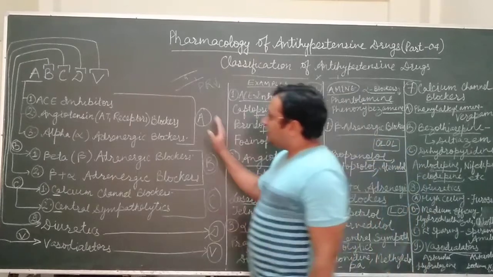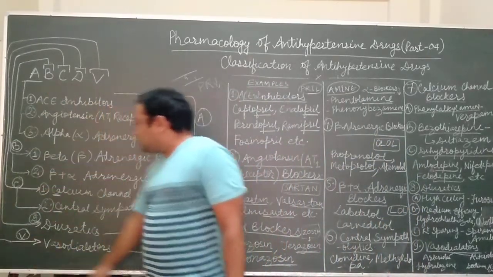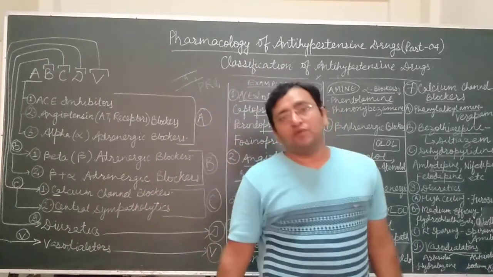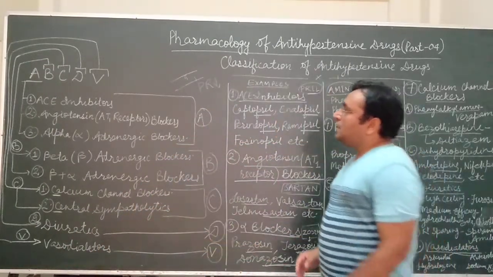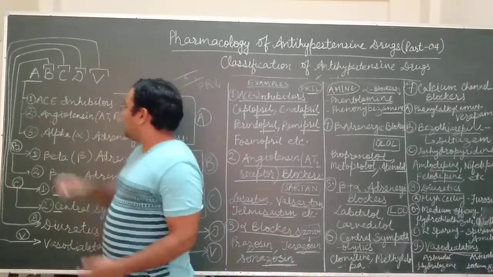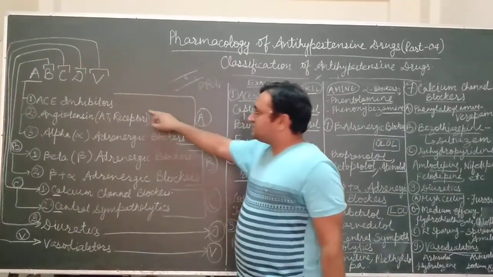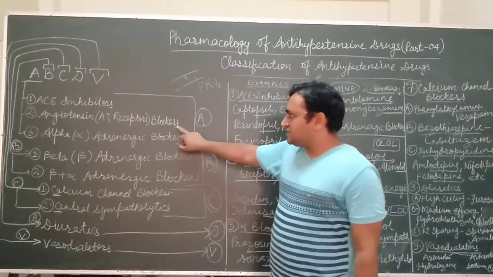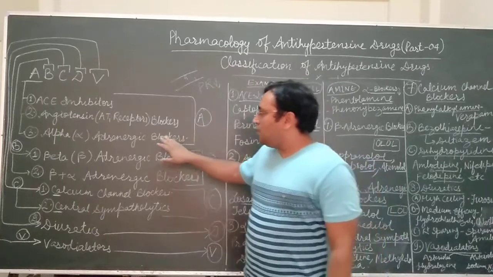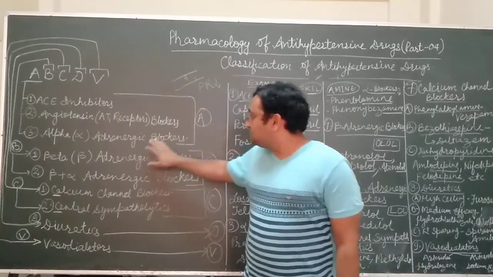So there are 9 categories of antihypertensive drugs, which can be memorized by A, B, C, D and V. A is for ACE inhibitors, angiotensin AT1 receptor blockers and alpha adrenergic blockers.